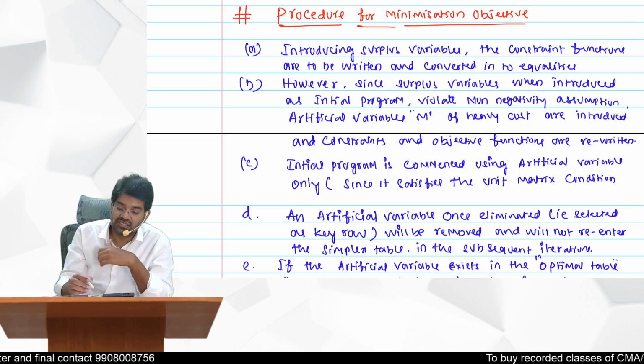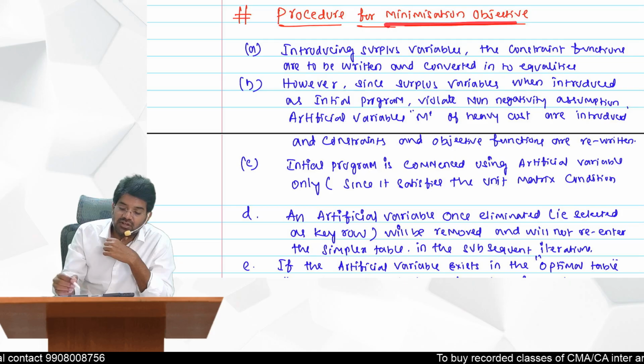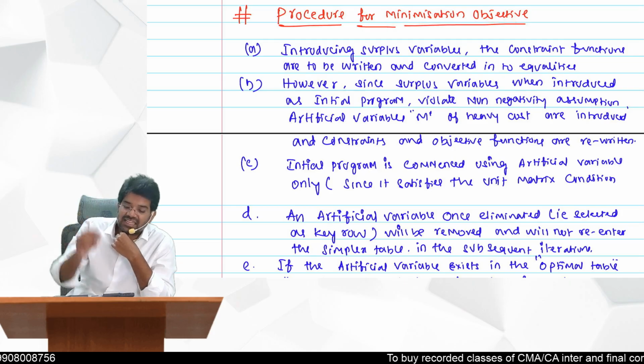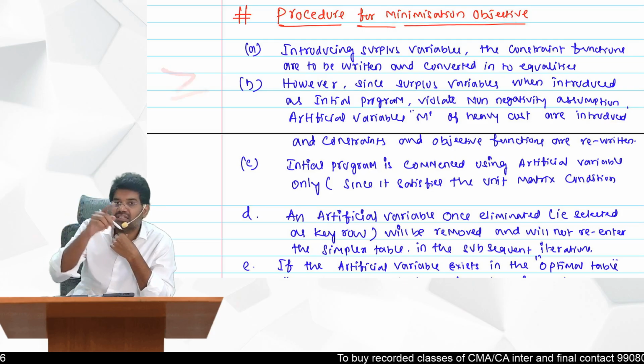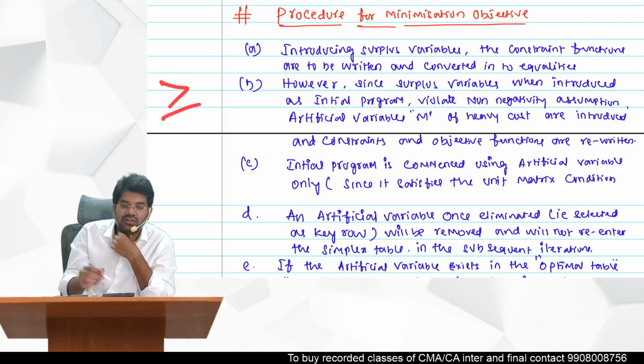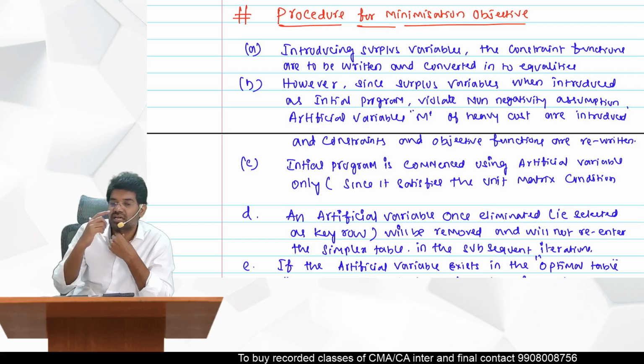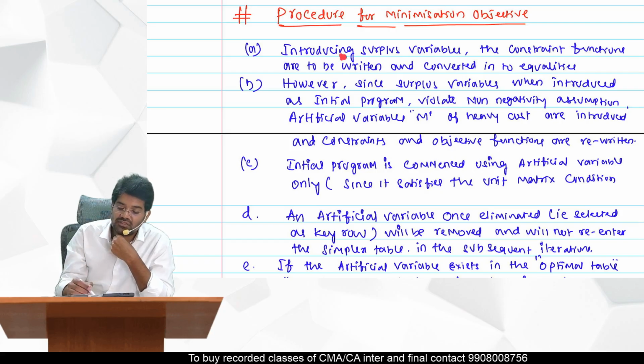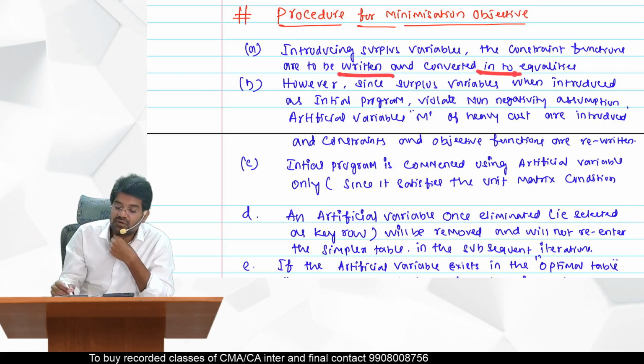That is the difference. So in case of minimization objective, naturally you will have greater than or equal to type constraints. Whenever you have greater than or equal to, then we should introduce a surplus variable as well as an artificial variable. So on introducing the surplus variable, the constraint functions are to be rewritten and converted into equalities.